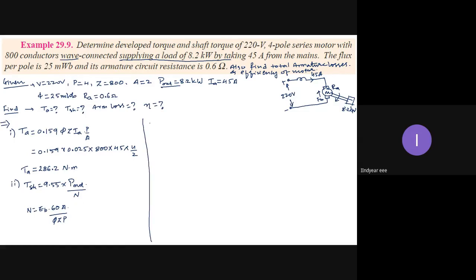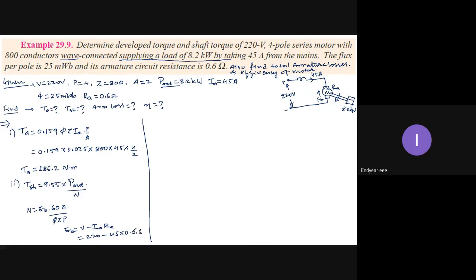What is EB? It is V minus IRA. So this is equal to 220 minus 45 into RA, which is 0.6.